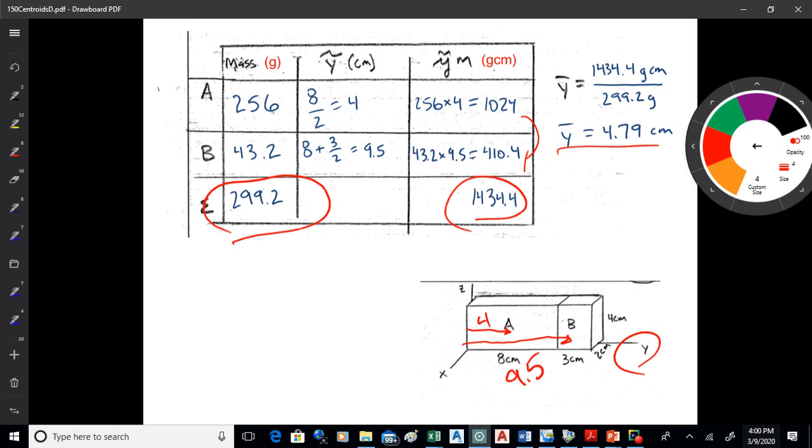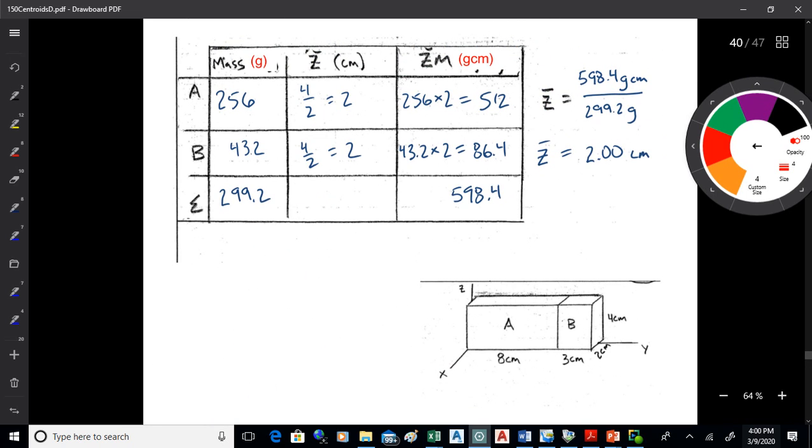So then the center of A and B in the Z direction is just 2. They're both 2, so the total's 2. You can just look at it instead of doing the math. You can do the math, but you'd end up with 2. Yeah, right. Okay. So there's the math, that it comes out to 2. It's not a big deal.